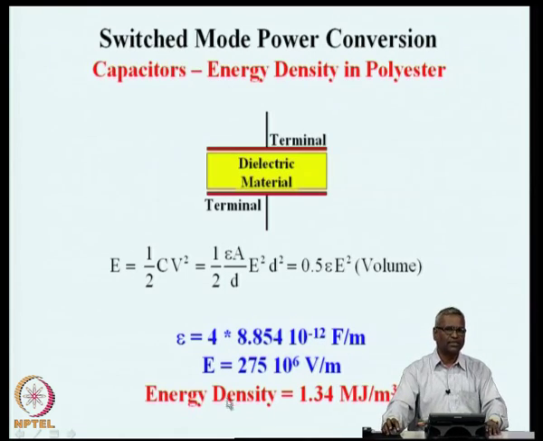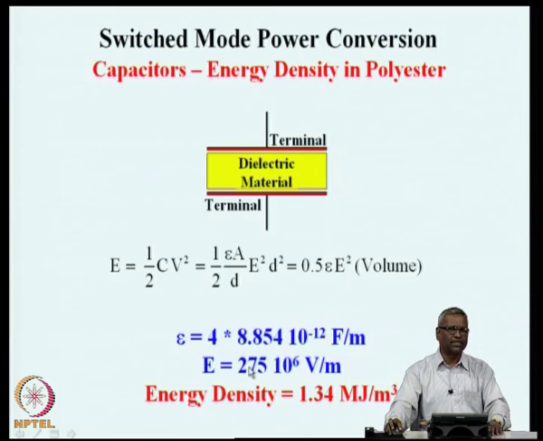This is because the field intensity that you can set up is almost 200-300 times more, and the permittivity is about 3 to 4 times more. The relative permittivity of polyester sheet is about 3 or 4; I have taken 4 here. So if we plug in these numbers, the energy density that you can get from capacitors is of the order of 1.3 megajoule per meter cube.